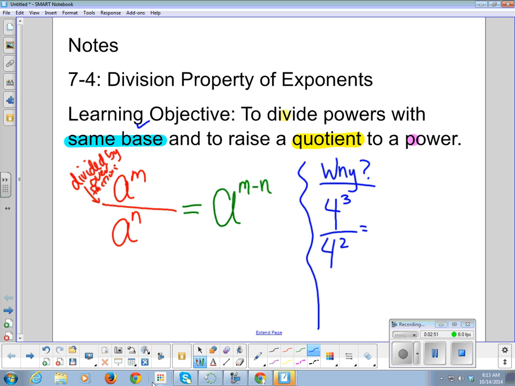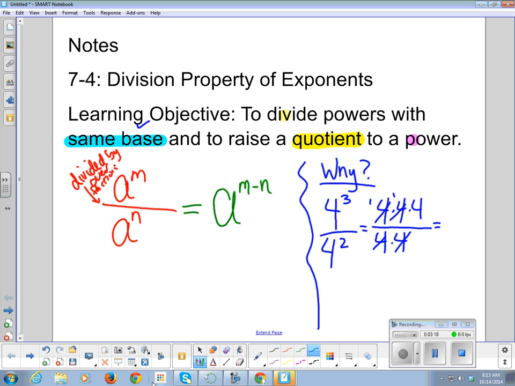Don't go this route. So 4 to the third is the same as 4 times 4 times 4. 4 squared is the same as 4 times 4. If I went 4 divided by 4, that would be equal to 1. If I went 4 divided by 4, that would also be equal to 1.